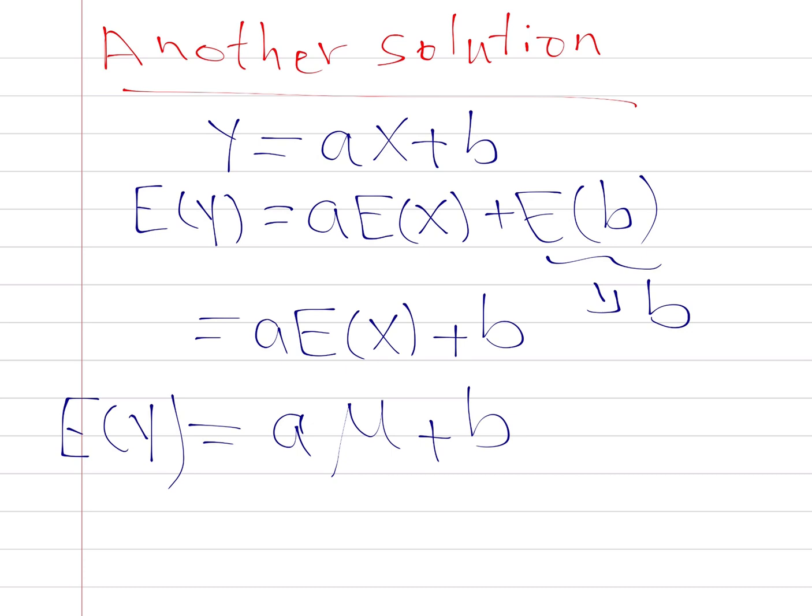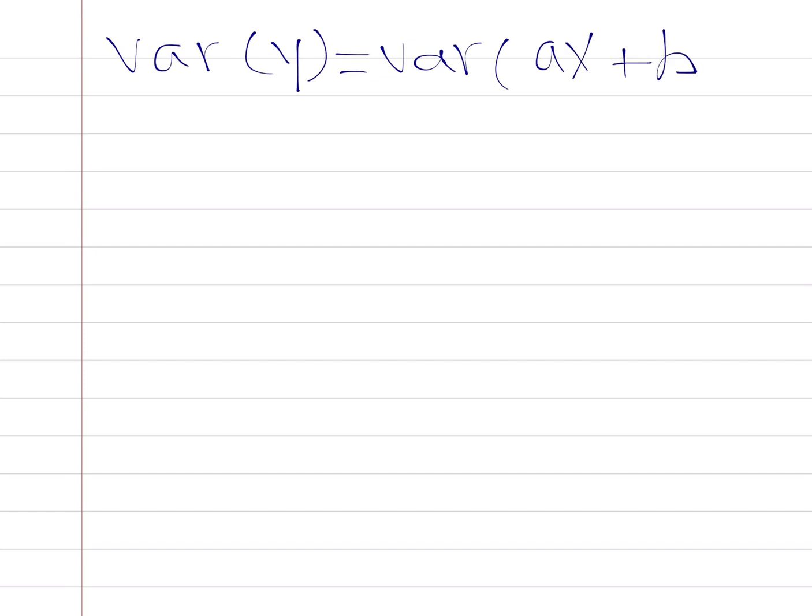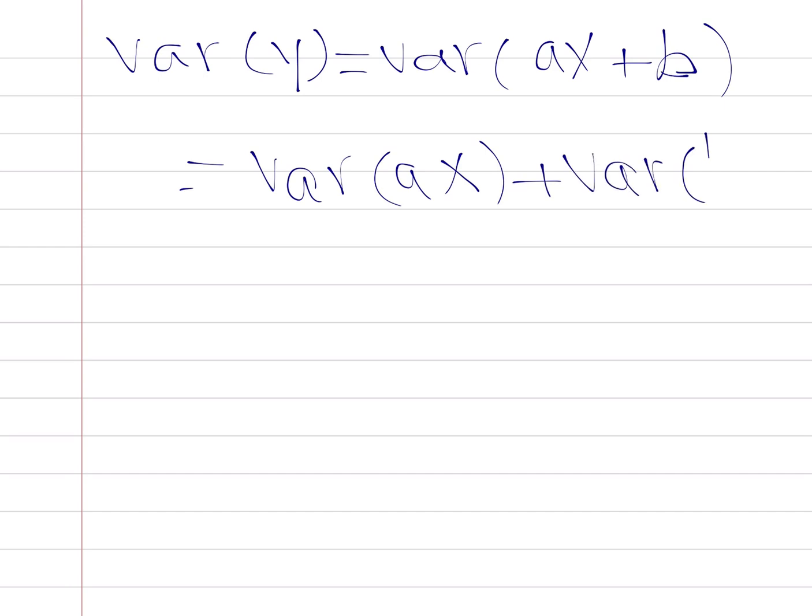Now we need to find the variance of y. So the variance of y equals the variance of ax plus b, which equals the variance of ax plus the variance of b, and we know the variance of b is just 0 because b is constant.